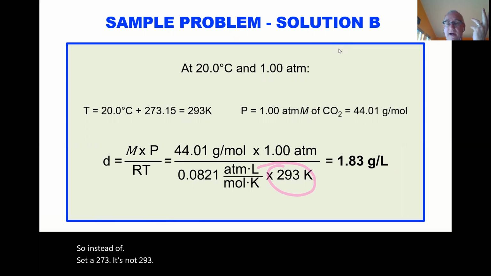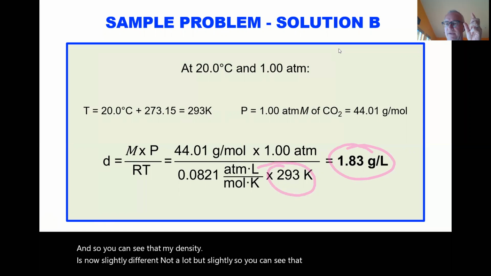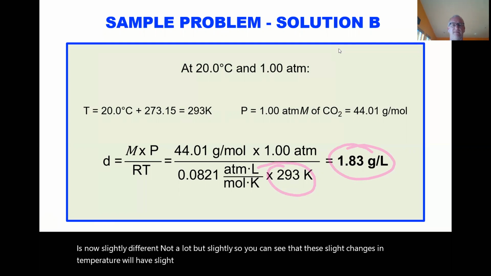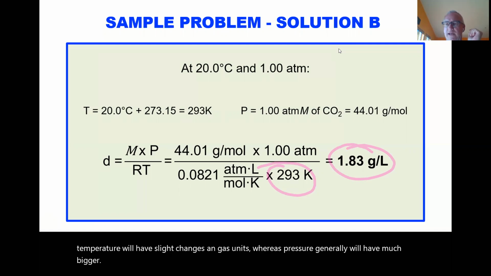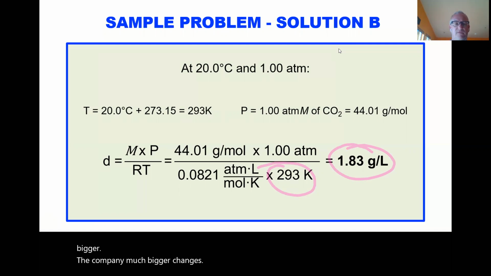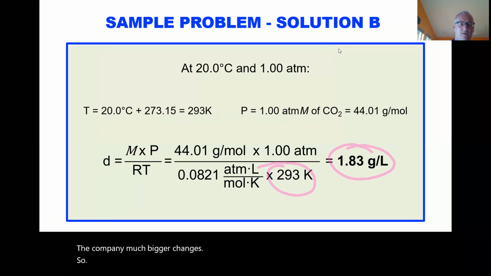And you can see that my density is now slightly different. Not a lot, but slightly. So you can see that slight changes in temperature will have slight changes in gas density, whereas pressure generally will accompany much bigger changes. Let me clear these out.